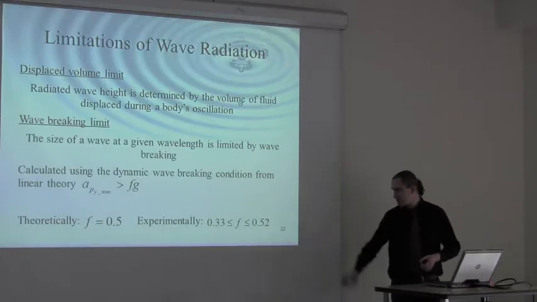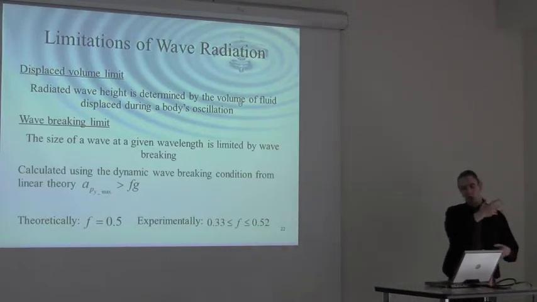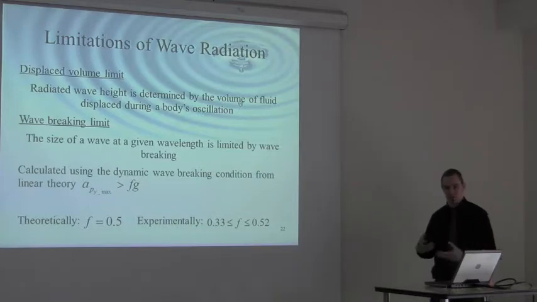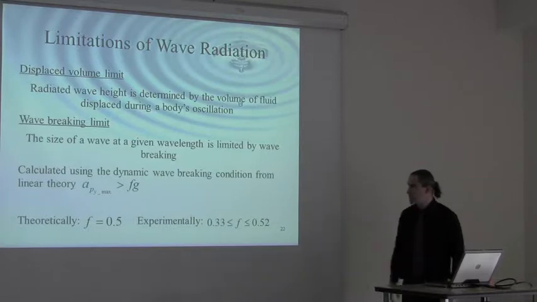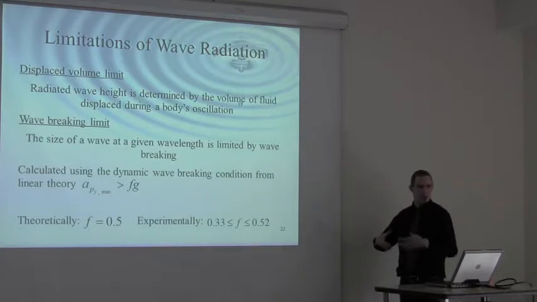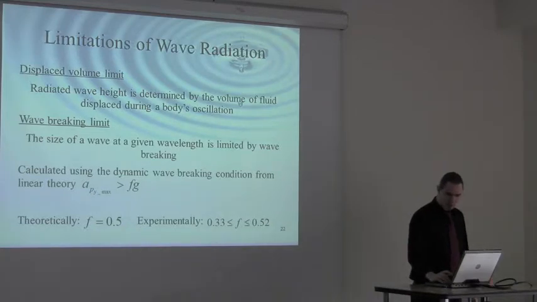Experimentally, it works out to be somewhere between 0.33 and 0.52, depending on whether you've got wind or whether you're looking at regular or irregular waves. And it's also something which you can apply quite readily to the circular wave theory. So you can look at the acceleration at the peaks and calculate what that is.